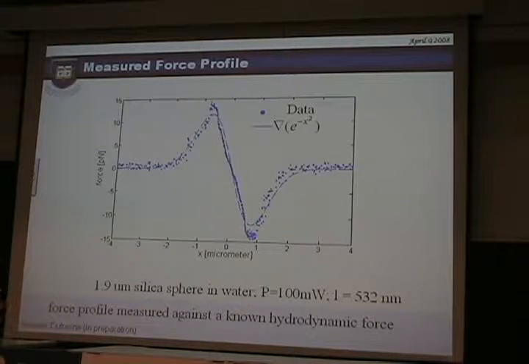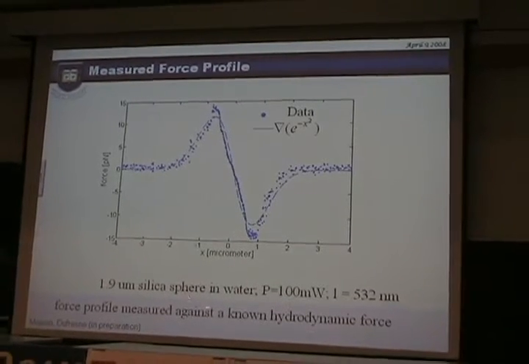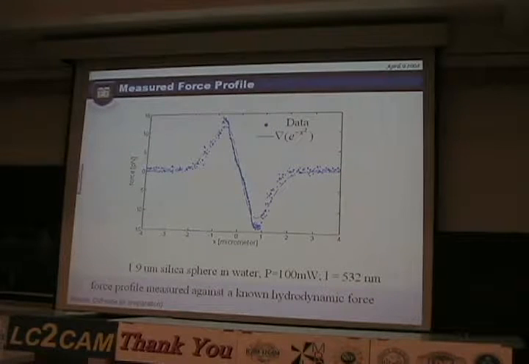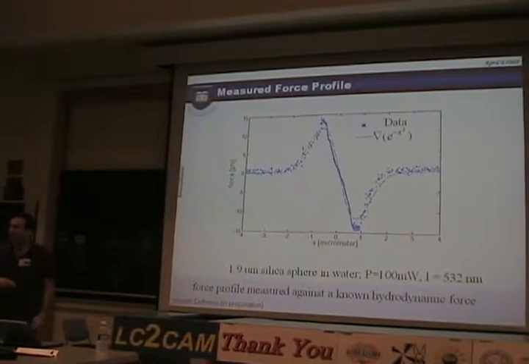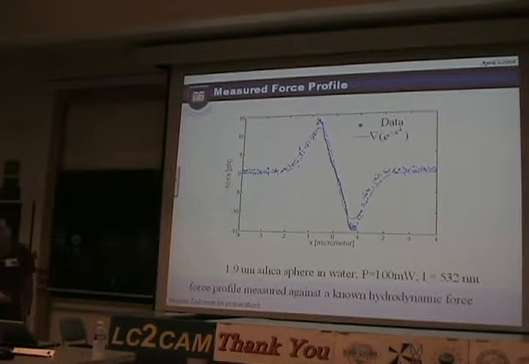This is some very simple data that a graduate student in my lab took. All it really is, is the force on a micron-sized dielectric object, in this case a 2-micron diameter silica sphere in water. This object is freely diffusing near a focused laser beam with 100 milliwatts of power, and it's a 532 nanometer laser.